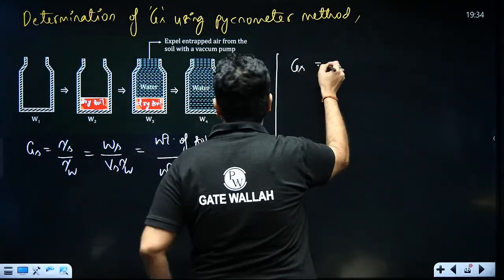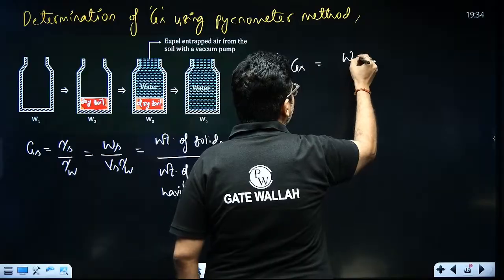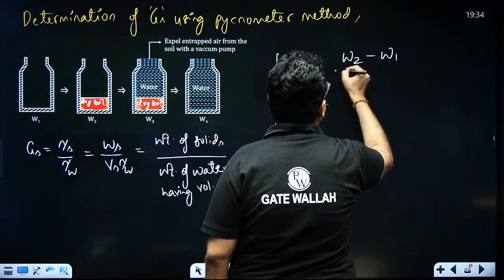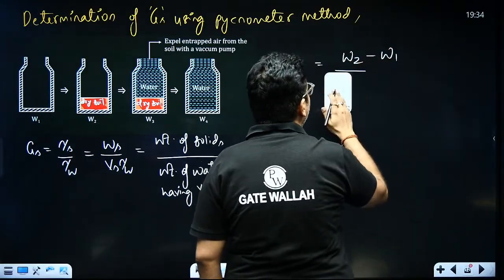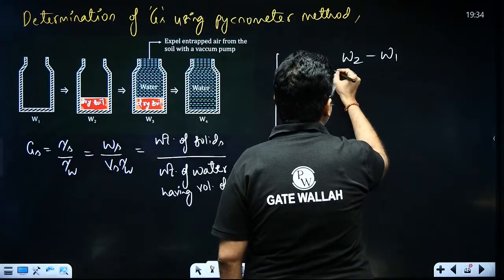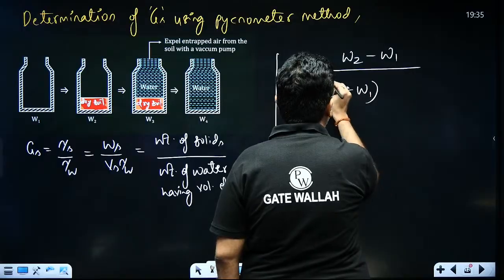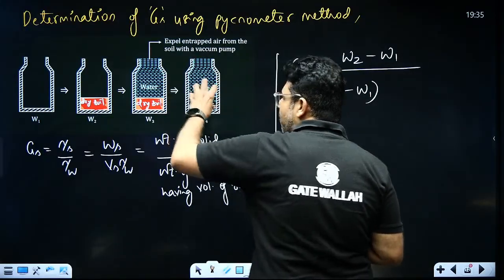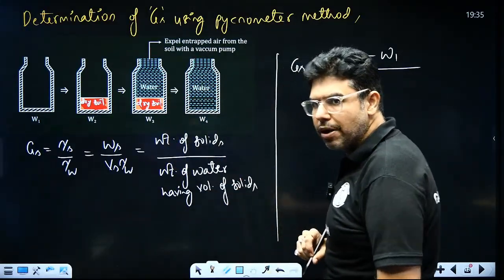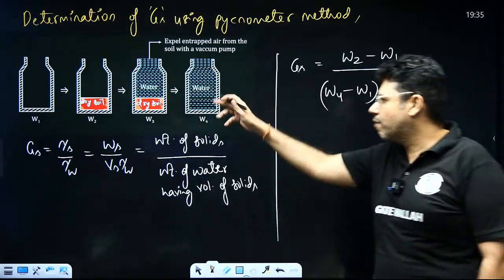Ws, you can calculate simply as W2 minus W1, that is weight of dry soil. Now weight of water having volume of solids, how will you calculate? First W4 minus W1 you take. You will get this much amount of water, weight of water.